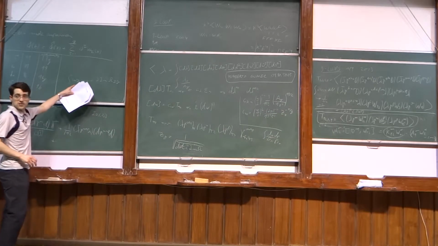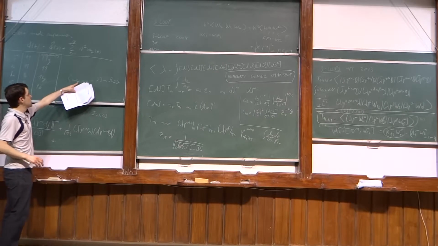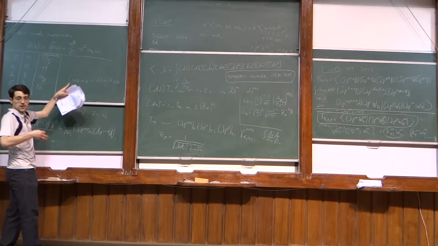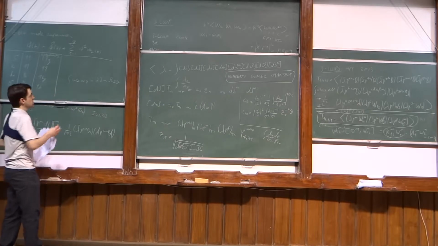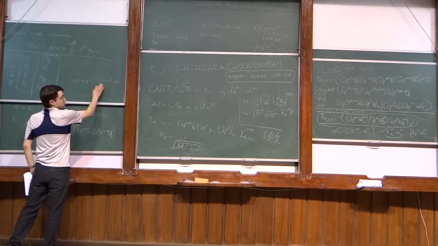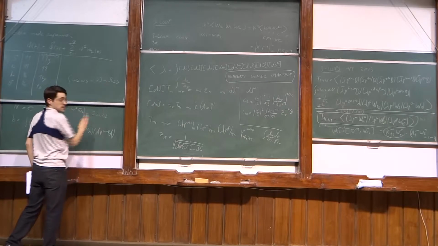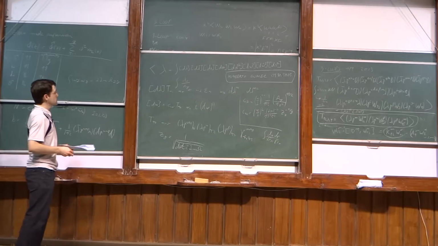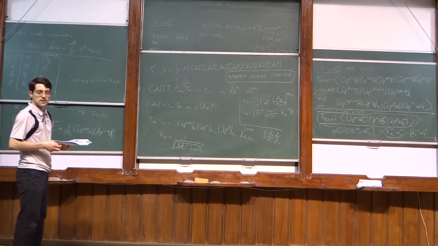And when you change basis from these holomorphic one forms to a normalized set, you will get a Jacobian factor which is related to the determinant of that imaginary part.